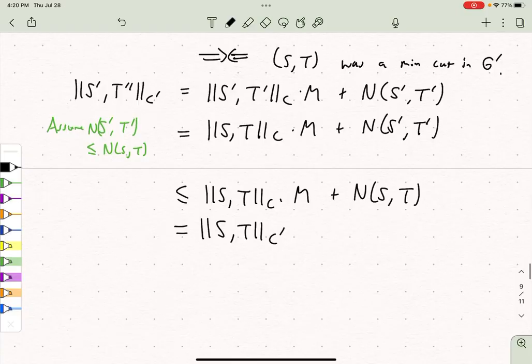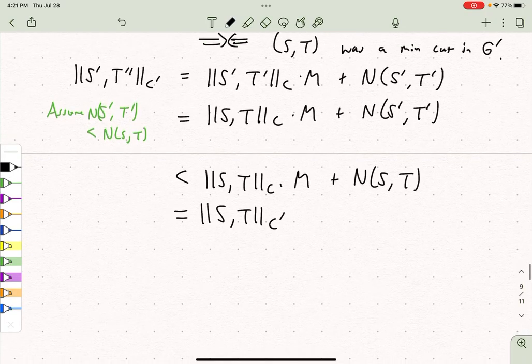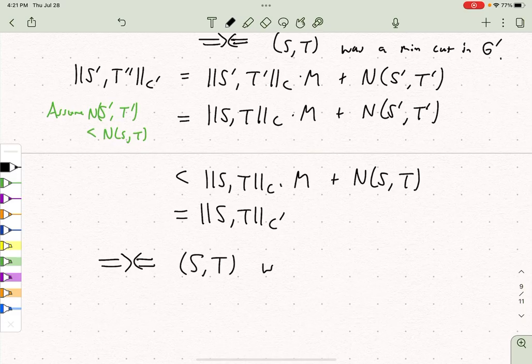So again, if this was true, and specifically I'm making this a less than, not a less than or equal, if this were true, that contradicts that ST was a min cut in G prime.